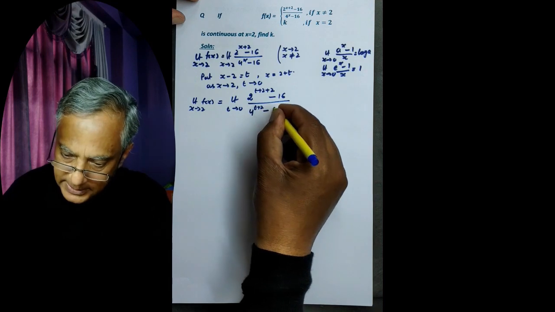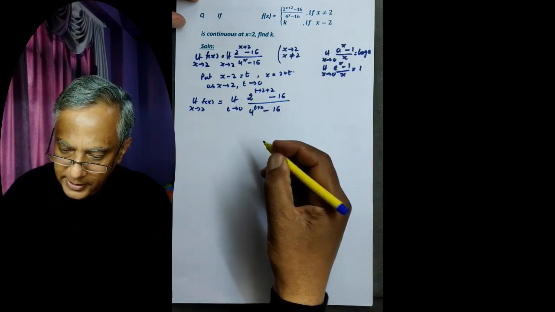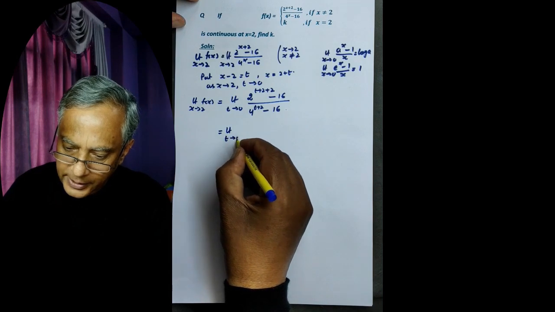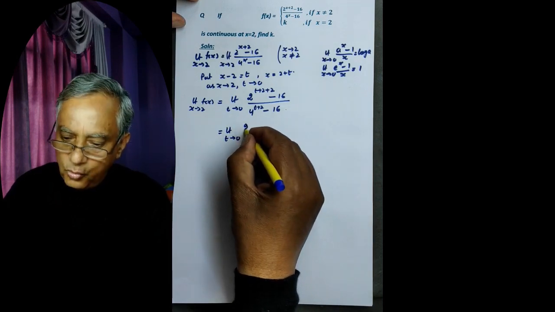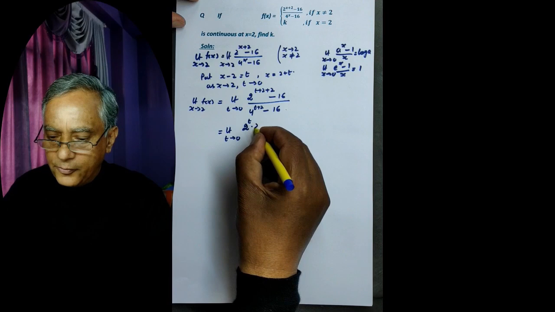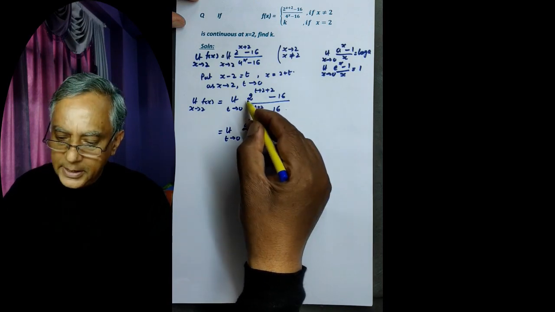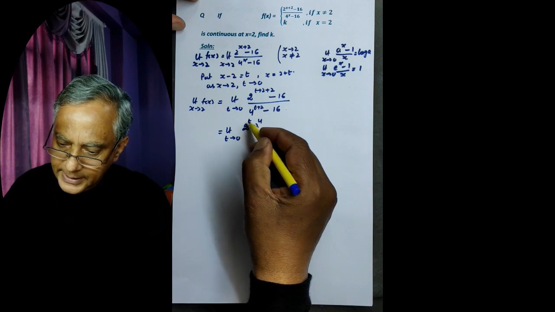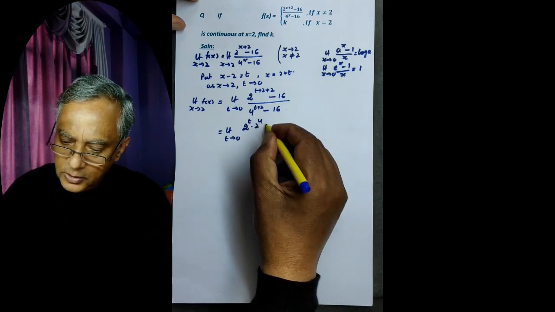So this is equal to limit t approaches 0, 2 to the power of t into 2 to the power of 4, which is 2 to the power of t plus 4. This can be written as 2 to the power of t into 2 to the power of 4. And 16 is again 2 to the power of 4.